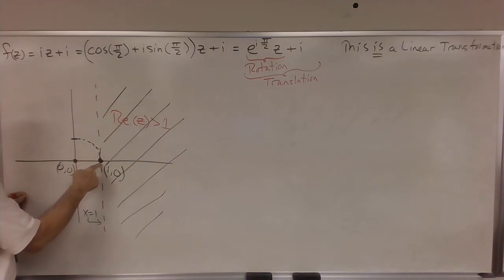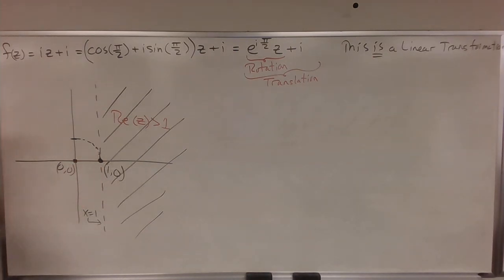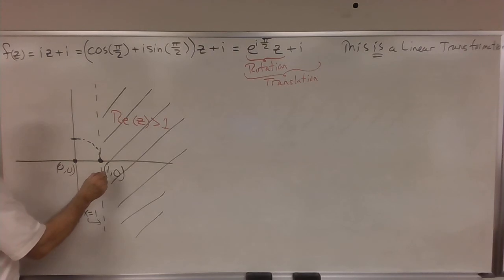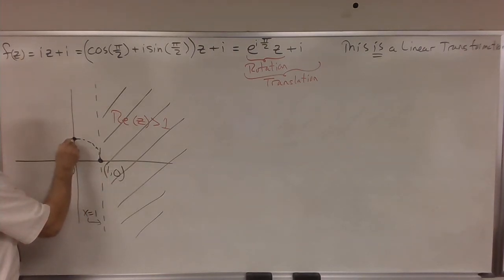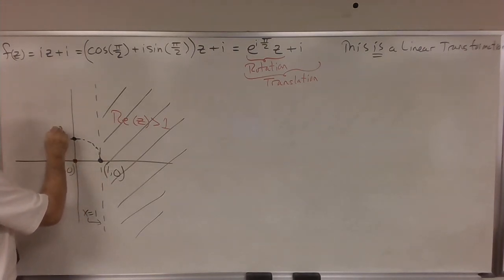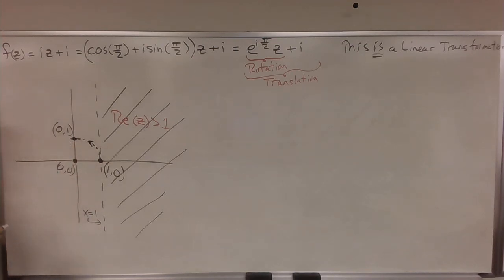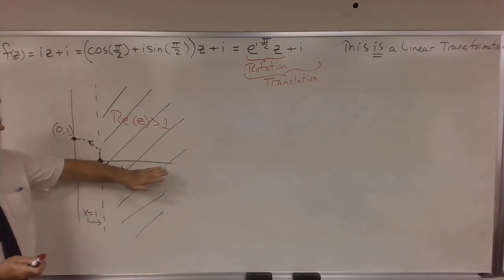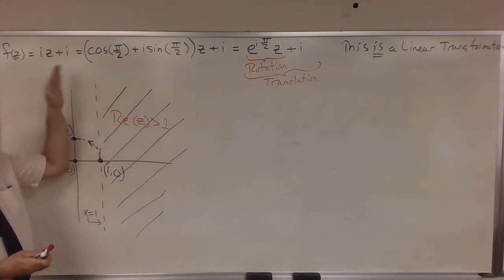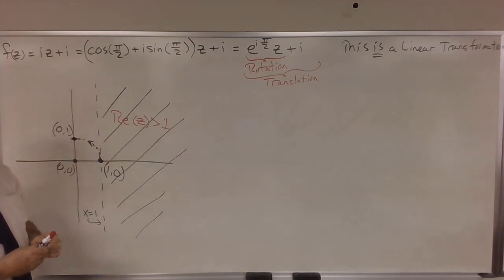I'm drawing attention to this point because if I rotate this region by pi over 2 counterclockwise, then this point should wind up here. This point should be rotated counterclockwise by an angle of pi over 2, and the rest of the region is rotated counterclockwise by pi over 2 also.